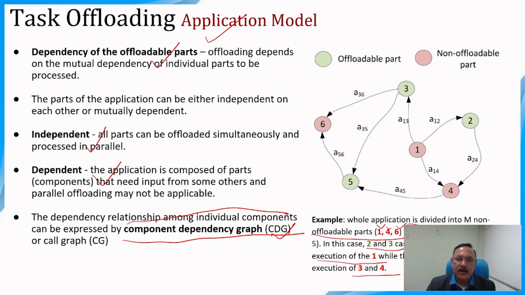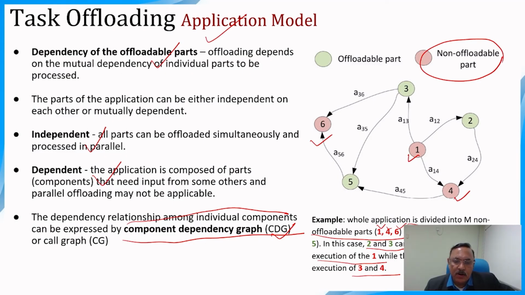So, you can see that 1, 4 and 6 are not offloadable parts. The n offloadable parts are 2, 3 and 5.